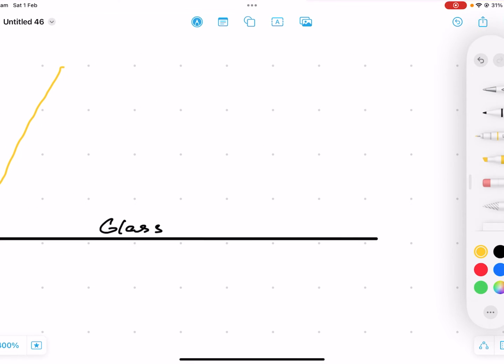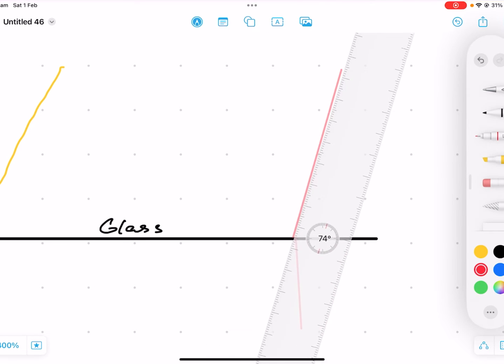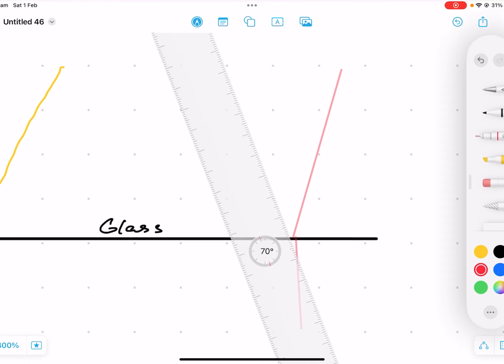Okay, so now I'm going to show you what happens. There's something known as the critical angle, and that changes with the substance that the laser is shone through. Let's say you shine the light over here. Some will pass through, using refraction, but some will be reflected over here.